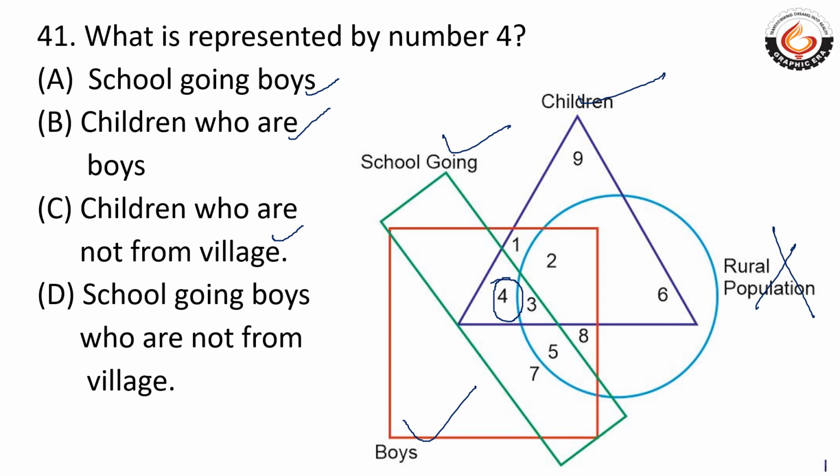Now this is something which satisfies more: school going also, not from village also, and boys also. This is the better correct answer amongst these four options. So option D is the correct one because it satisfies A, B and C but not completely. Option D will be correct.